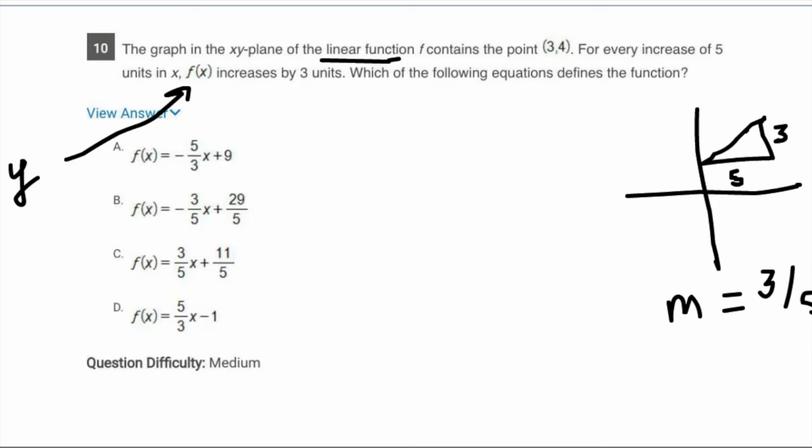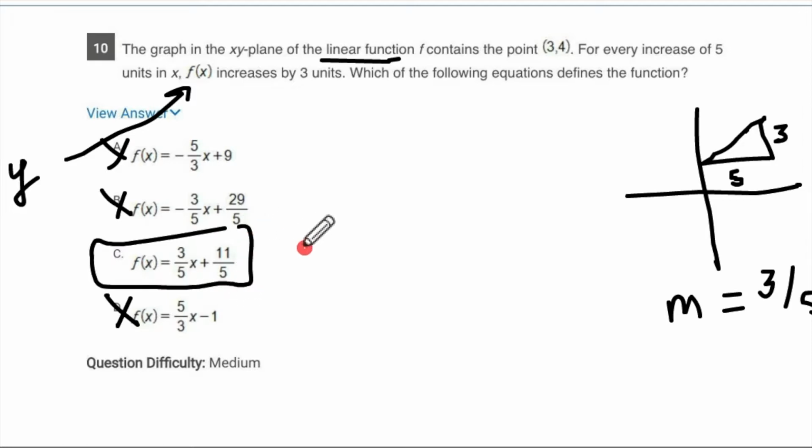Now you can basically stop here, because if you look, here's the slope -5, 3. No. Here's the slope -5, 3, 5. No, because it's a positive slope. It's for every 5 increasing on the x-axis, it goes up 3 on the y. This one works and this one doesn't, so by a process of elimination, I did this one.